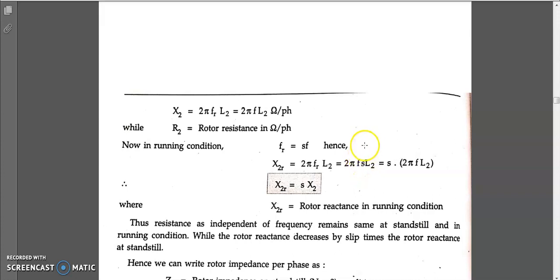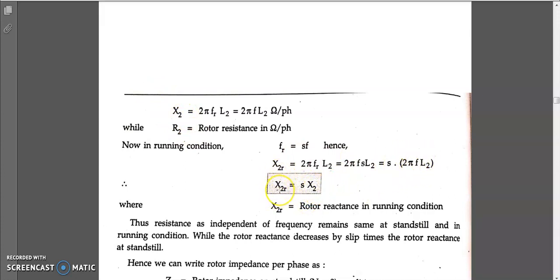For standstill you can eliminate this S, but generally I am writing 2 pi S times F L2, because Fr is equal to S times F. Rearranging in terms of S into 2 pi FL2, making S one side, 2 pi FL2 one side. 2 pi FL2 is nothing but X2, by the basic formula. So I am replacing the whole term with X2.